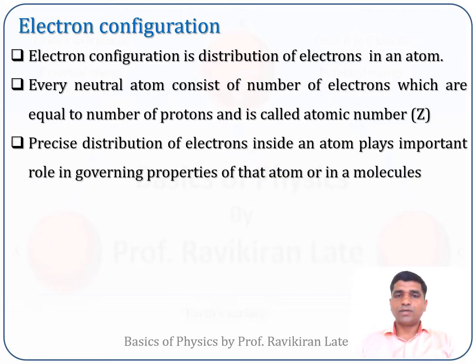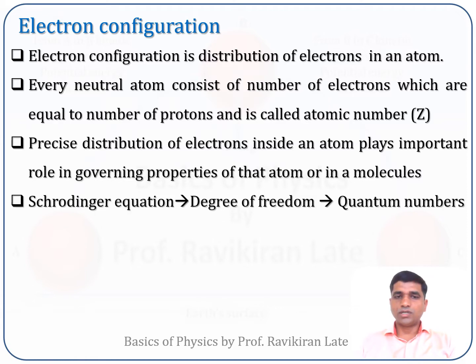Precise distribution of electrons inside an atom plays an important role in governing the properties of that atom or a molecule. So electron configuration is important when we need to decide the physical or chemical properties of the material.